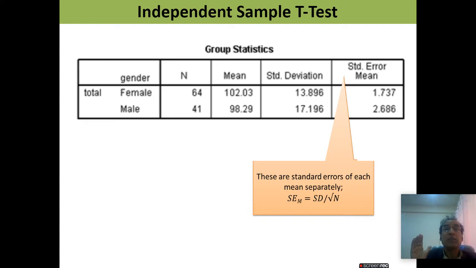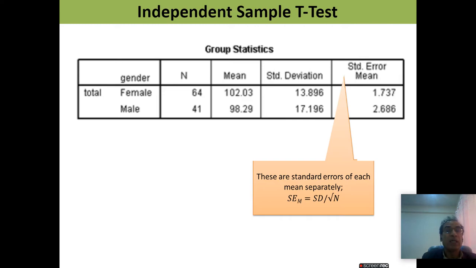Result of independent sample t-test group. In the last example, we compared the males and females of MPhil students of Alhamd University, and suppose that you have 64 females and their mean is 102.03, standard deviation is 13.896, and standard error is 1.737.